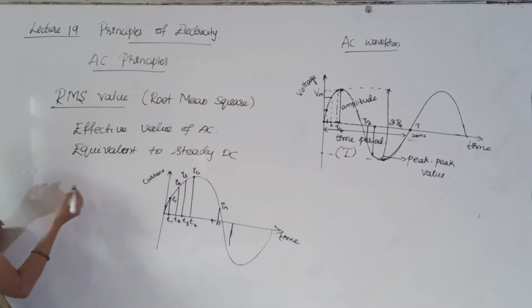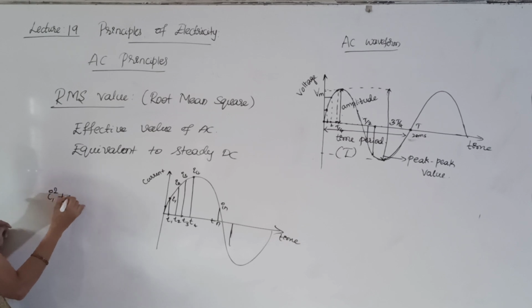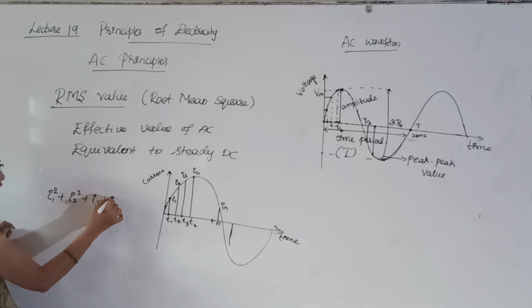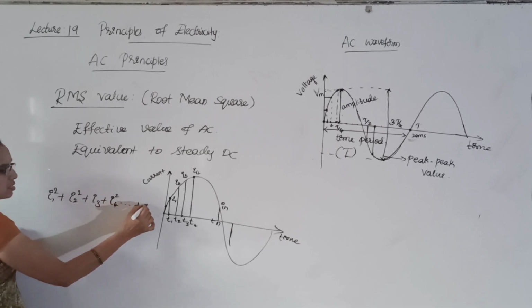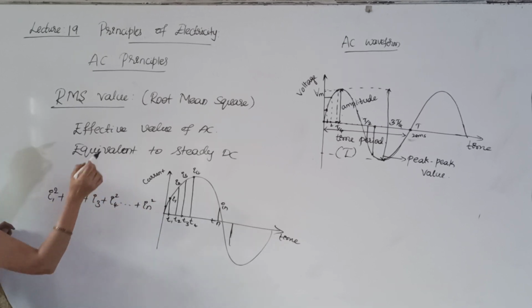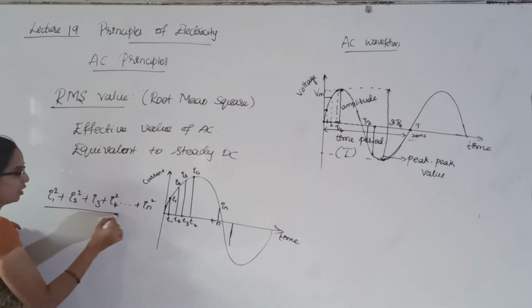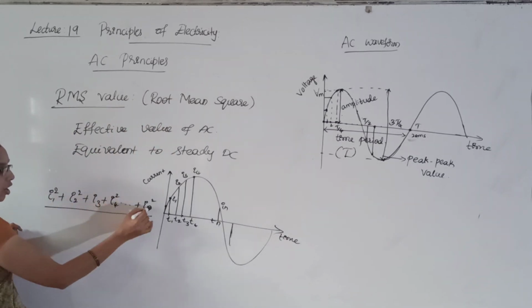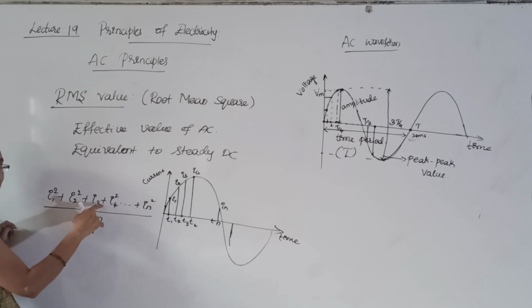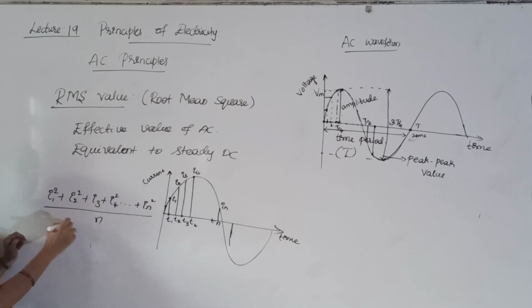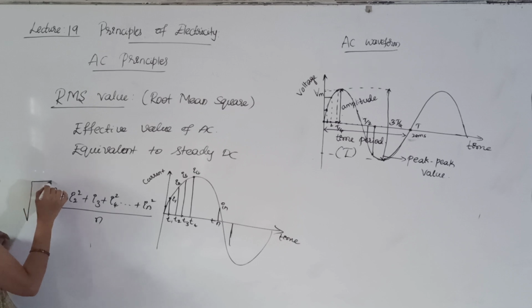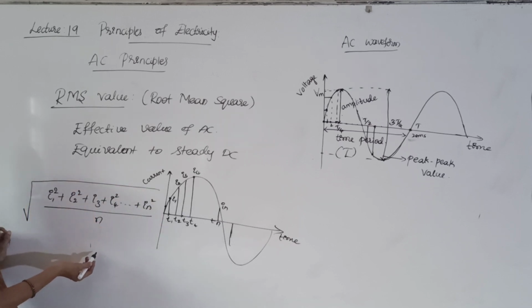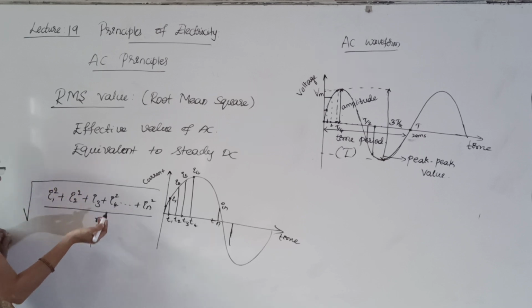We will take squares of those, I1 square plus I2 square plus I3 square plus I4 square etc. plus IN square, and then I have to take the mean of that. Of how many n number of I values I have taken, mean of that and square root of that. Root of mean of squares of the instantaneous values of the current.